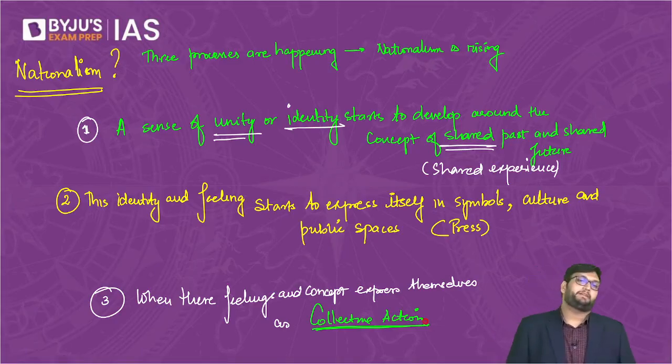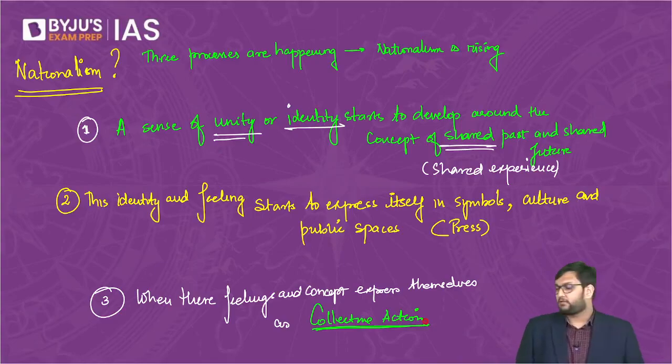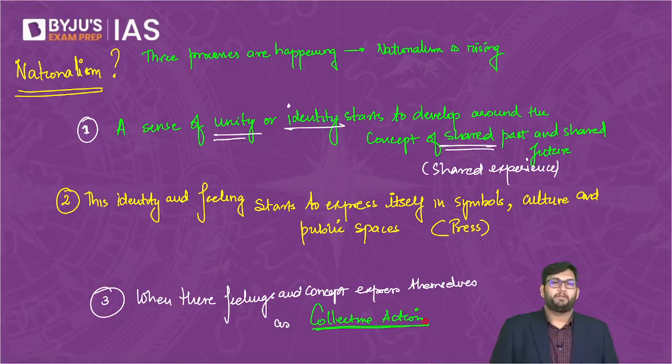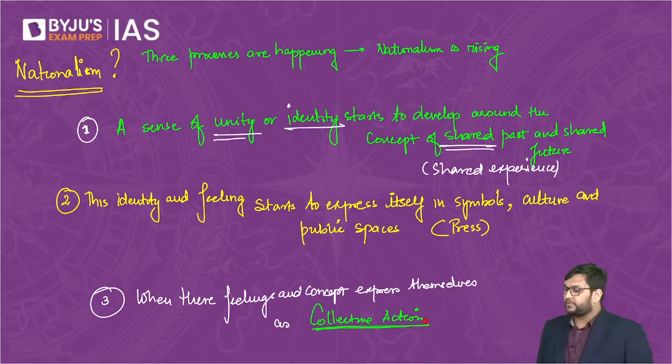The simple point of the matter is, there is no exact definition of nationalism. What I am giving you is a workable definition, because nationalism is an abstract concept. Benedict Anderson's imagined community and so on, we don't have to go into these things. As I said, this is not a philosophy class. Simple point is, for us, what is nationalism? We are looking for three things.